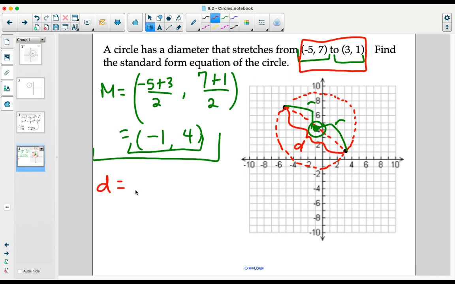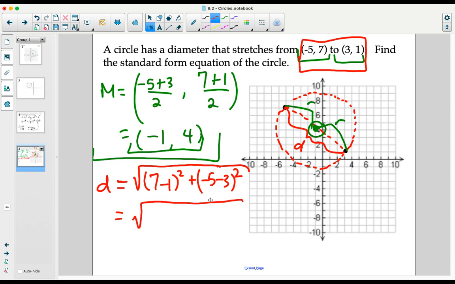We're going to say that the distance or the diameter across the entire circle is the square root of the difference of the y coordinates squared plus the difference of the x coordinates squared, making sure we go in the same direction for both differences. And again, it doesn't matter if we do x or y first in here. We're going to end up adding them together anyway. This first one turns into 6 squared, which is 36.